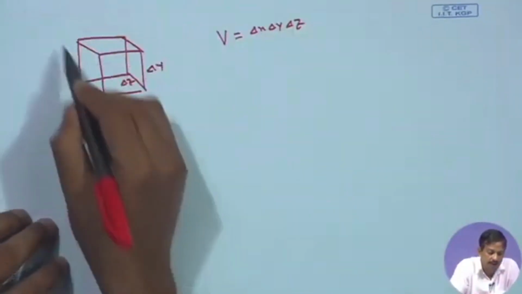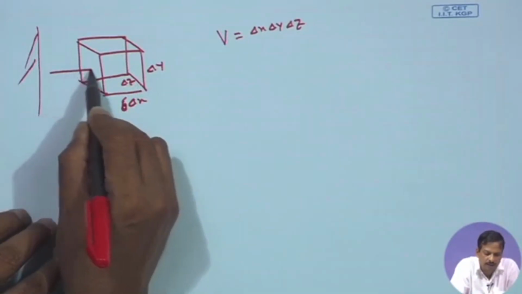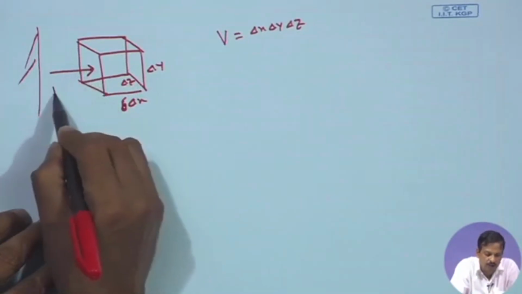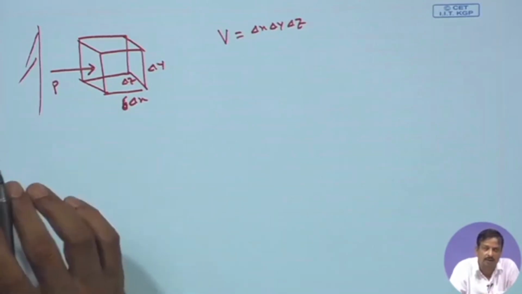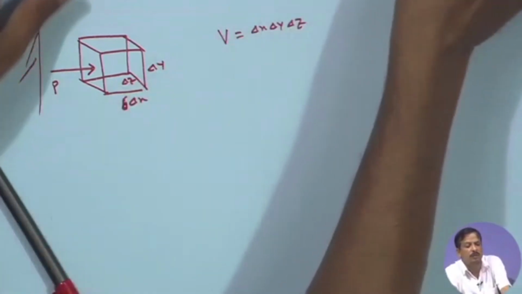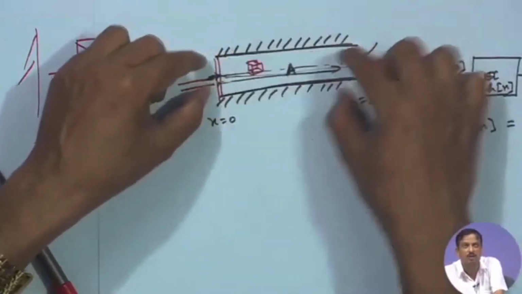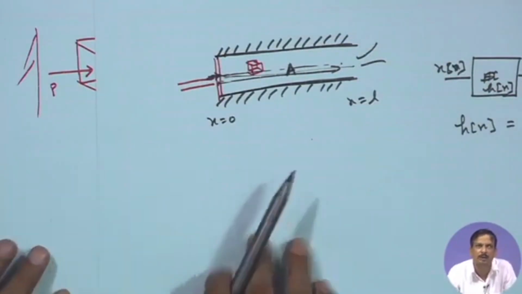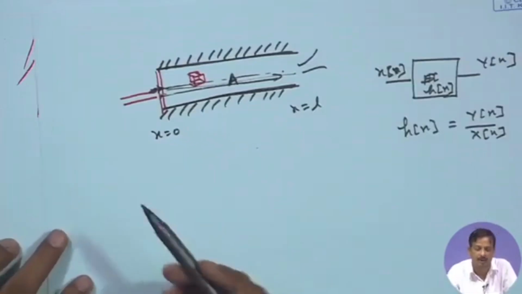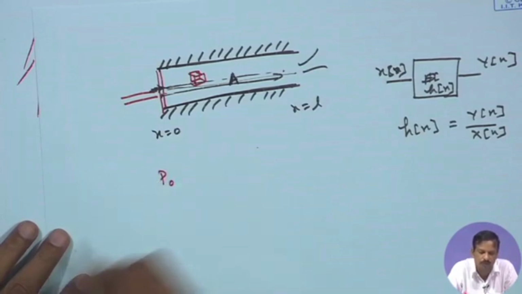Okay. Now, there is a pressure wave in here. So, the pressure applied is P. If no pressure is applied by the piston, then inside the tube it is the atmospheric pressure. Atmospheric pressure means the average pressure, which is P 0.